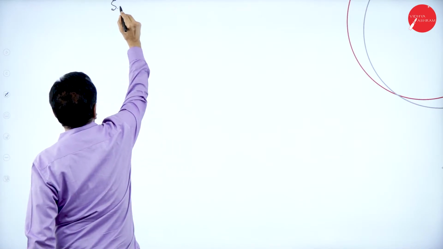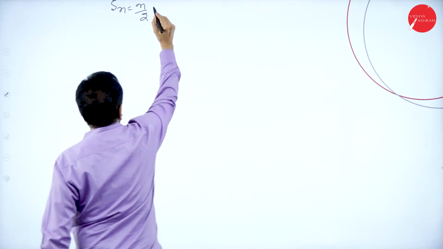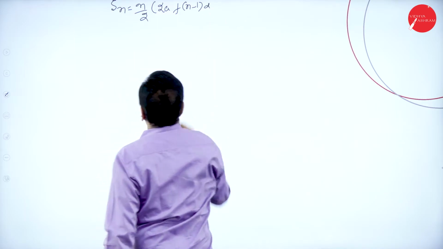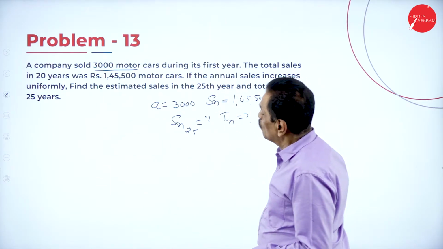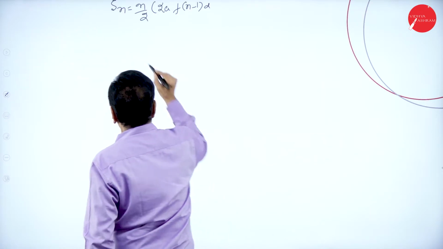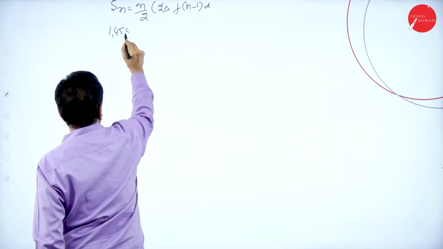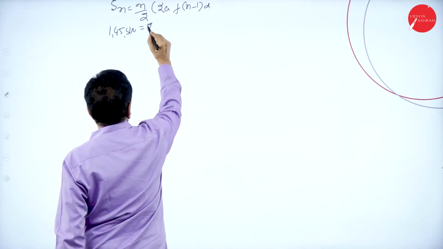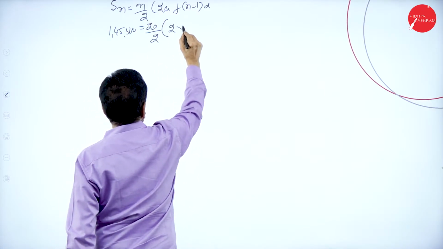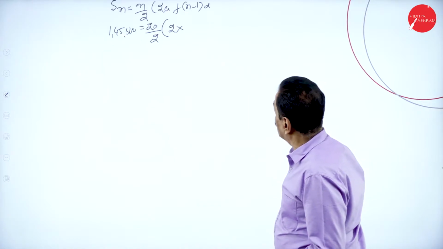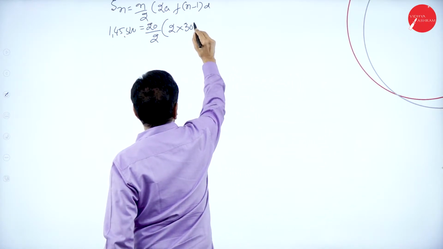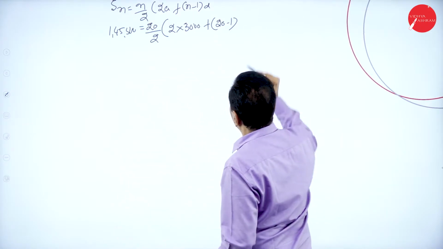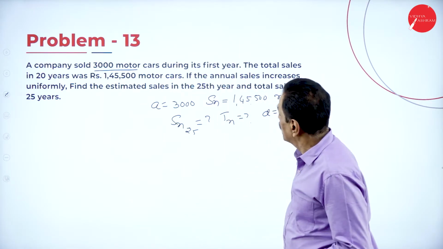Sn is equal to n by 2 into 2a plus n minus 1 d. What's your summation? 1,45,500. So number of years, 20 years, divided by 2, into 2 into how many motor cars? 3,000, plus 20 years minus 1 D. D we don't know, the difference we don't know.